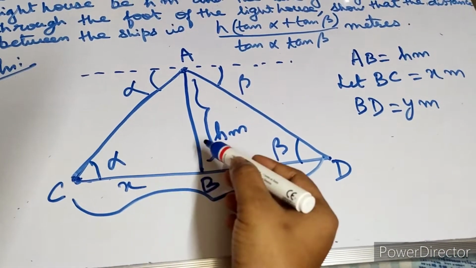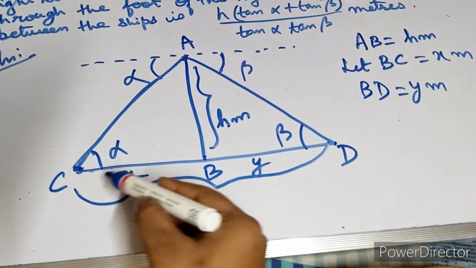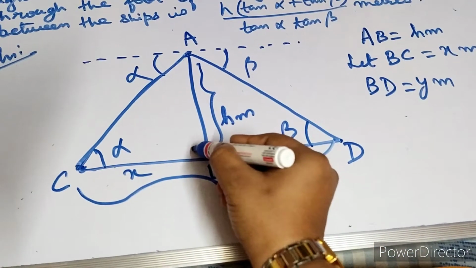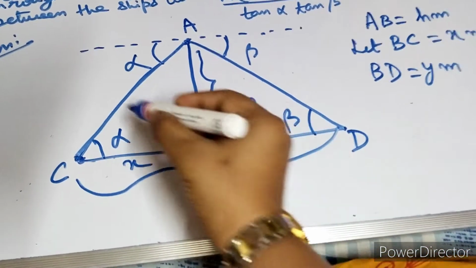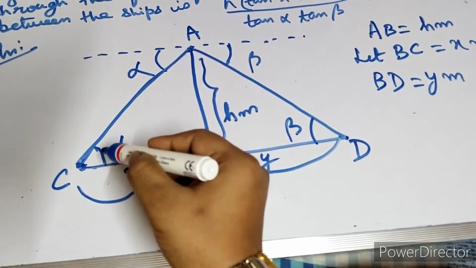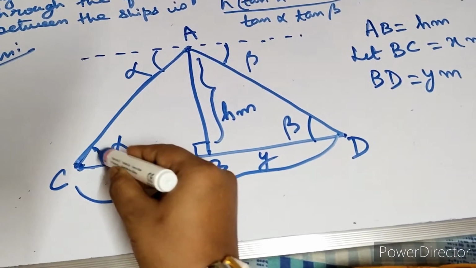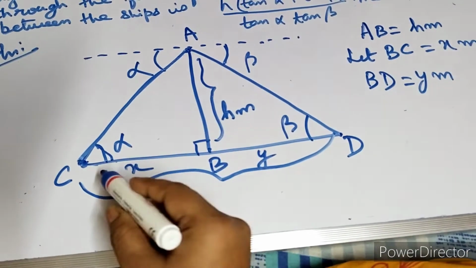We know this one x and this y, and the height of the tower h. So if this is a right angle triangle, 90 degrees, because height means this will be 90 degrees, this is the hypotenuse. And because this is the angle, as I said earlier, when you are considering this angle, the side adjacent to the angle other than the hypotenuse is always the base.